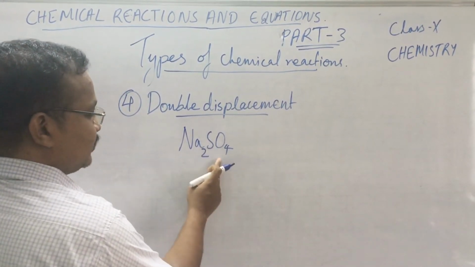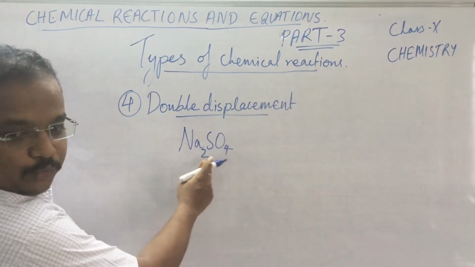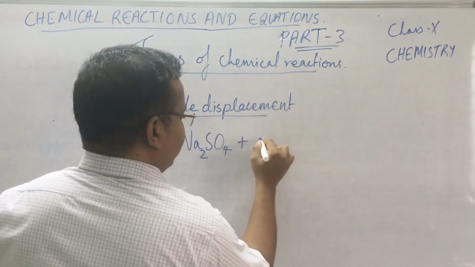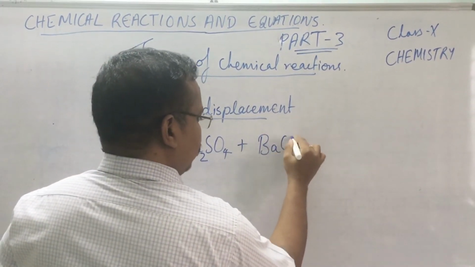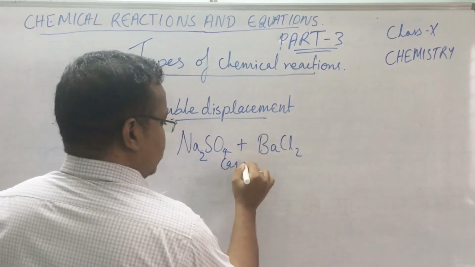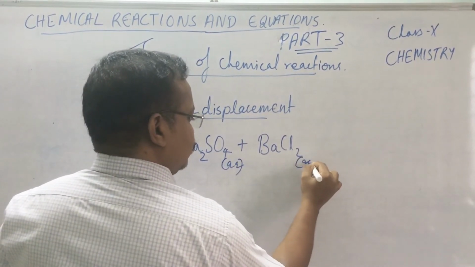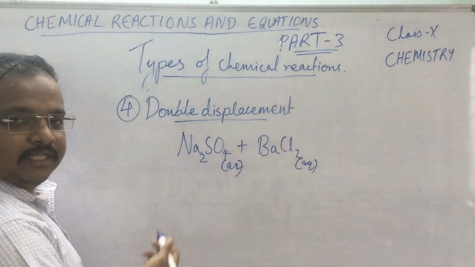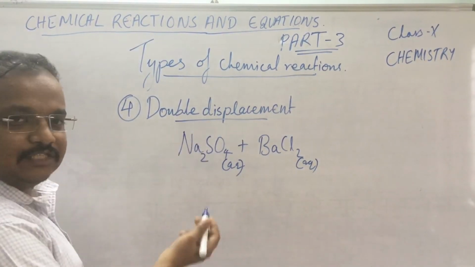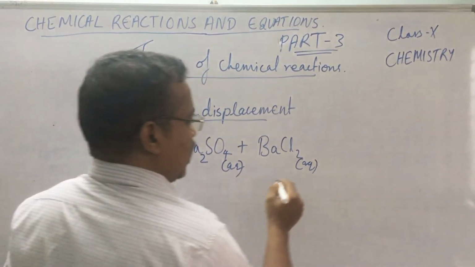So it interexchanges, and it is Na2SO4, reacting with barium chloride, both in aqueous form. Aqueous means the substance is dissolved in water.